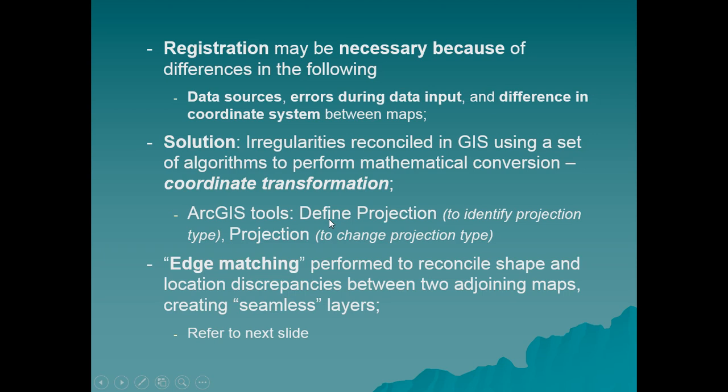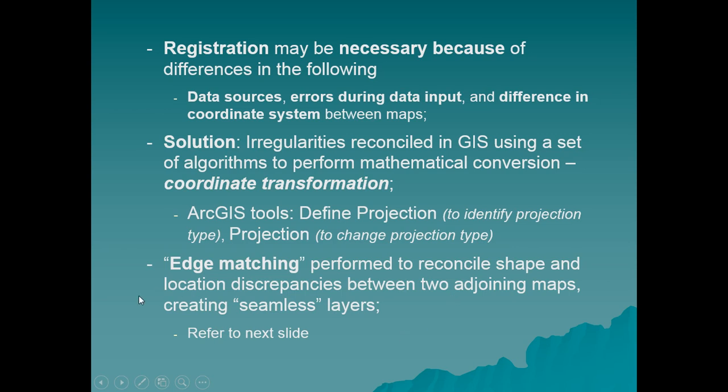Examples of those tools that you would find in the Arc toolbox would be define projection. What define projection does is it identifies the projection type that has not been defined on a data layer. Or you have another tool called project, that would allow you to change projection type from one projection and coordinate system to another.